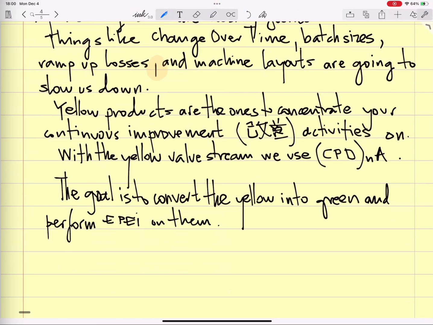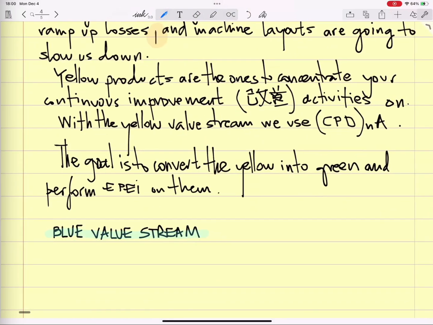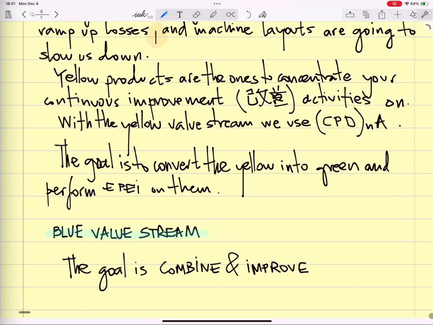The blue value stream. And here the goal is combine and improve. So C and I. Okay.